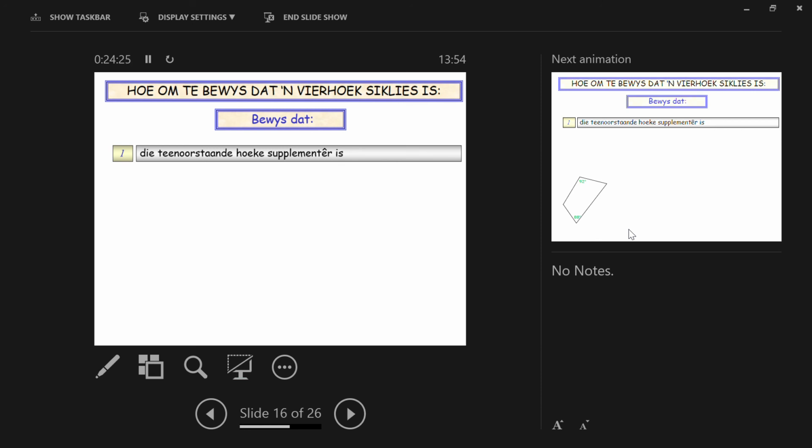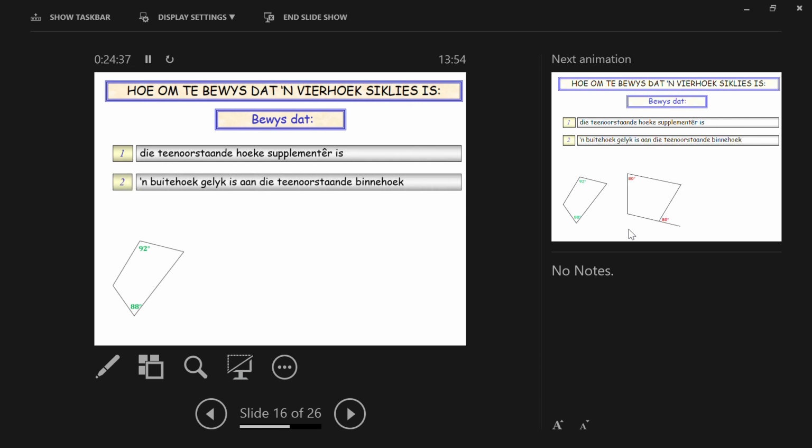So gaan bewys dat die twee teenoorstaande hoeke saam supplementêr is, dat hulle 180 gee. Met ander woorde, daai 92 en die 88. Stap 2. Gaan bewys dat 'n buitehoek, exterior angle, is equal to the opposite interior. Dit wat ons nou van gepraat het. Met ander woorde daar, daai buitenste hoekie is 80 en die hoek oorkant hom aan die binnekant is ook 80.